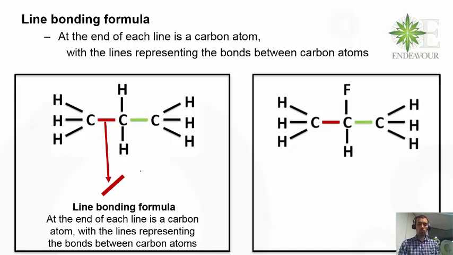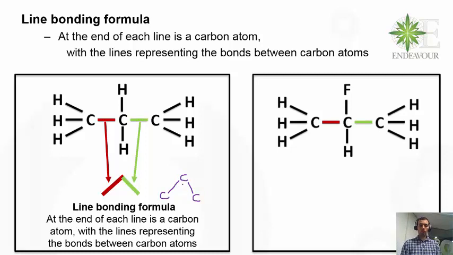We've only got one other bond between the carbons there, so that means we've got that second line there. So essentially, in the line bonding formula, all you're doing is representing the carbons, but you don't actually have the carbons in the structure. So we just have to know that at the end of each line, or the point of each line, is a carbon atom.